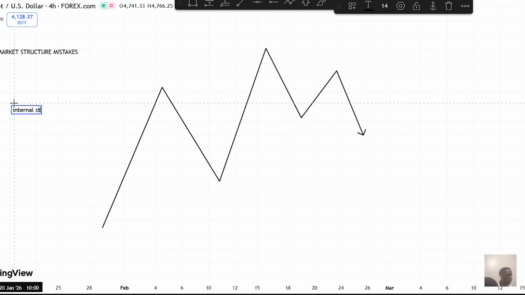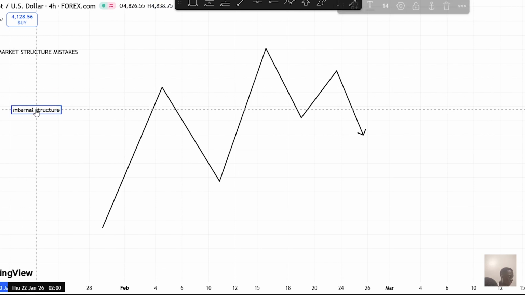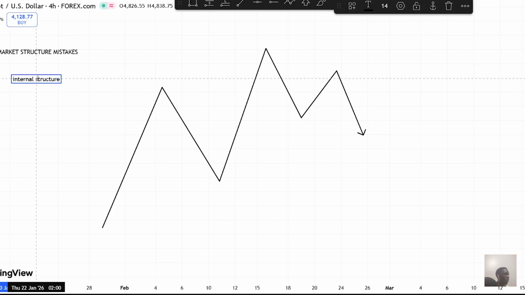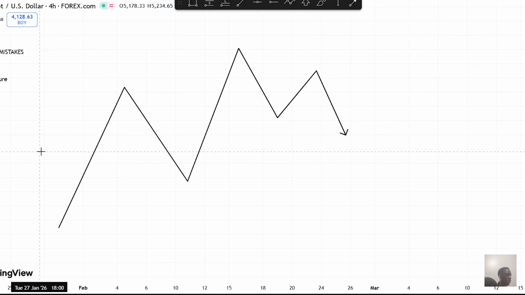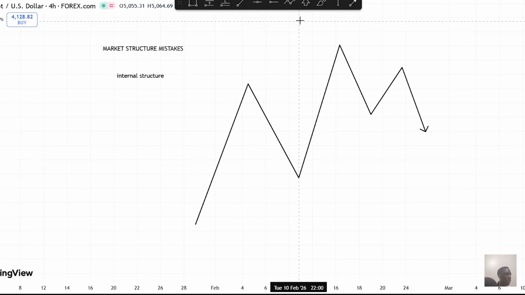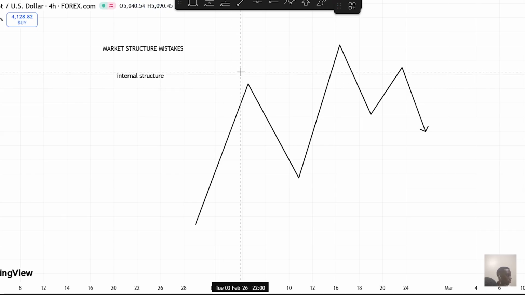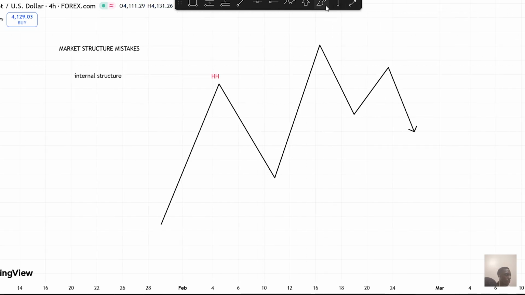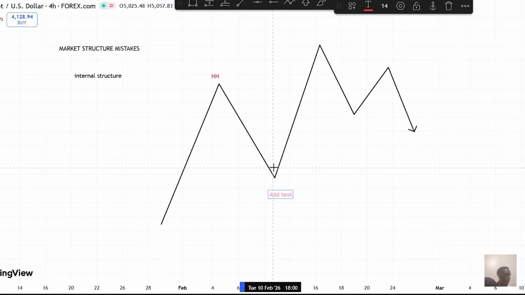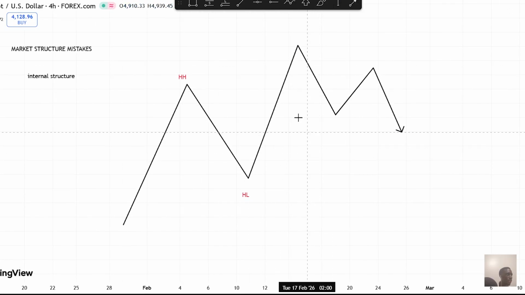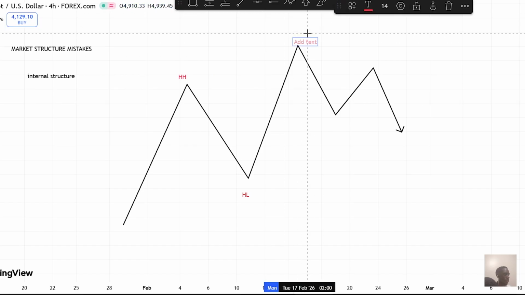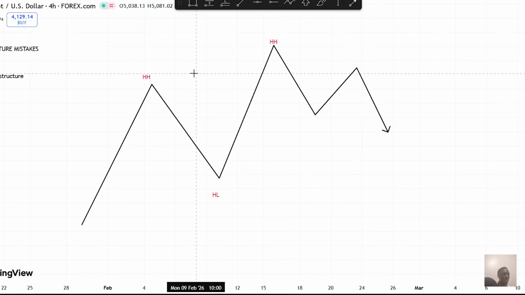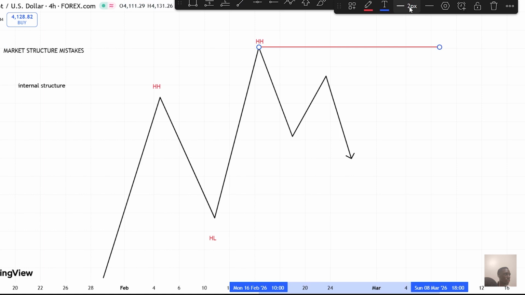Most traders mistake internal structure for structure, but it's just internal structure. So as you can see here, price gives us a higher high, then a higher low, then another high again. So as you can see, these lines here.